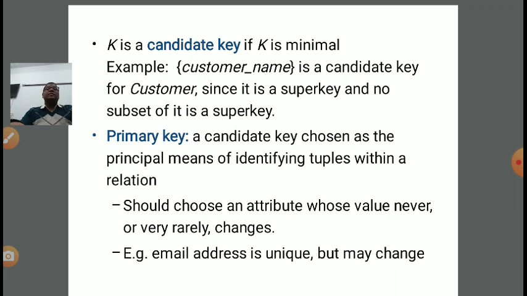It is a minimal candidate key which can distinguish between any two tuples of a relation, and we should choose an attribute whose value never or very rarely changes. The values which are fixed or rarely changed, we take those attributes as the primary key. Example: an email address is unique but it may change.